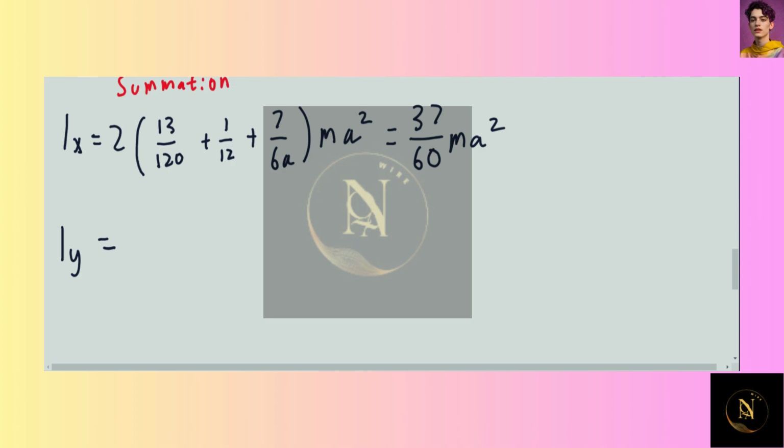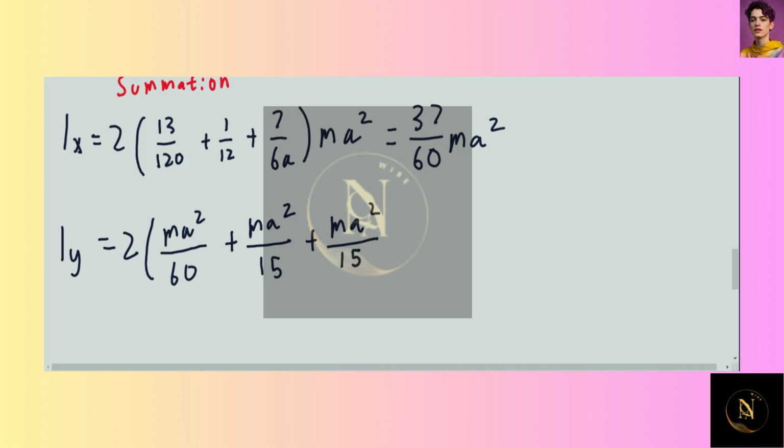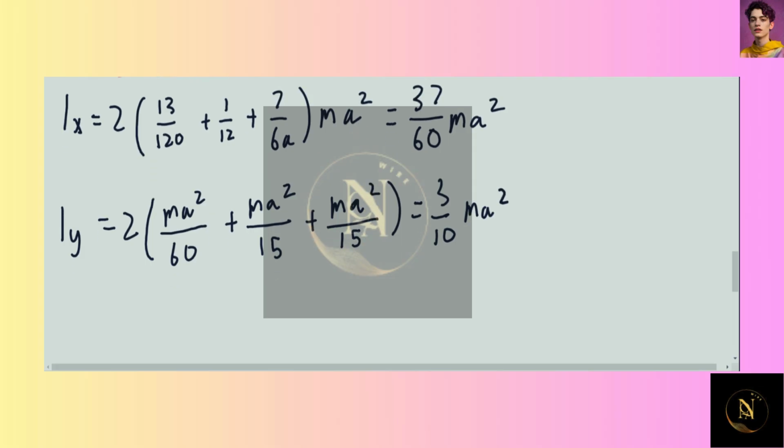So for the y component, we write it as 2 times ma squared divided by 60 plus ma squared divided by 15 plus ma squared divided by 15. And this becomes 3 over 10 times ma squared.